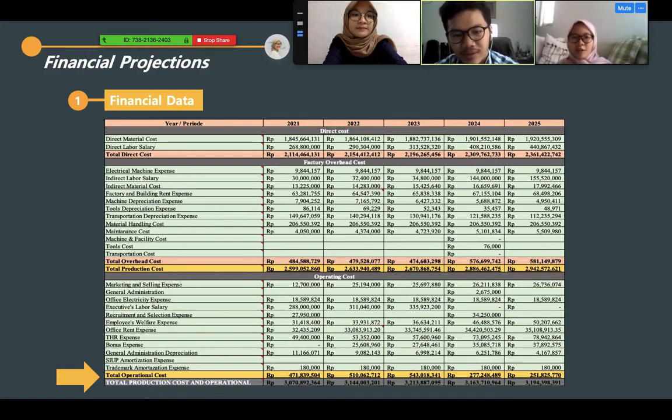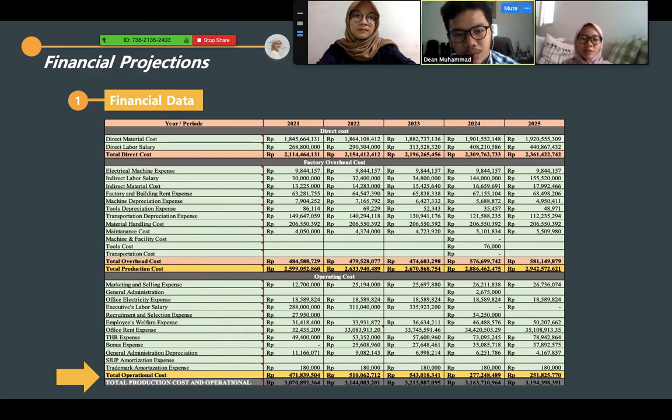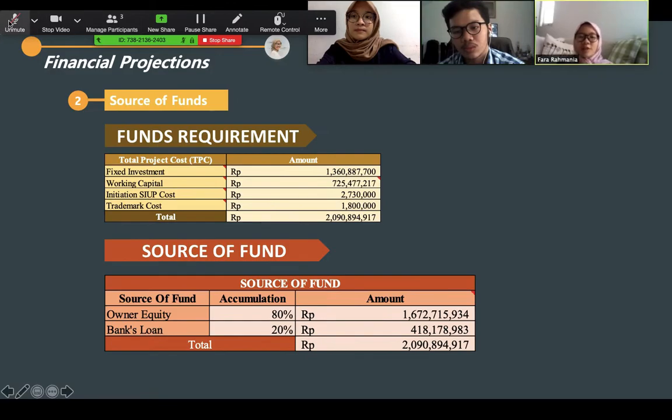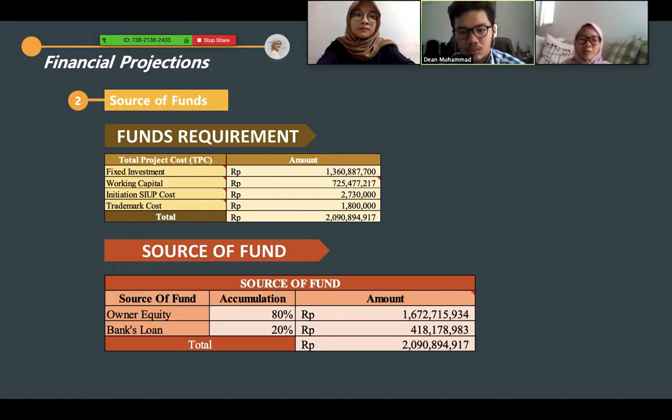Okay, now we will discuss the financial projection. First, we calculate the data. This financial data gets the production cost. Next, first is the report of project fixed investment for capital, SIUP cost, and trademark. So we have 2 sources of fund.